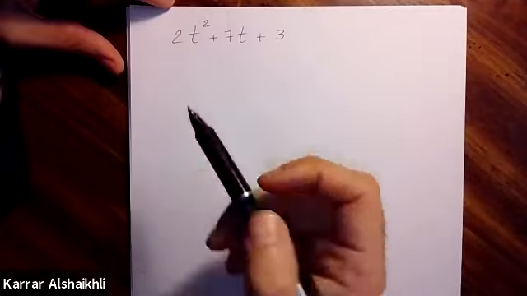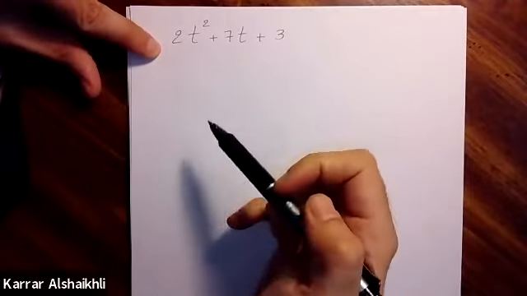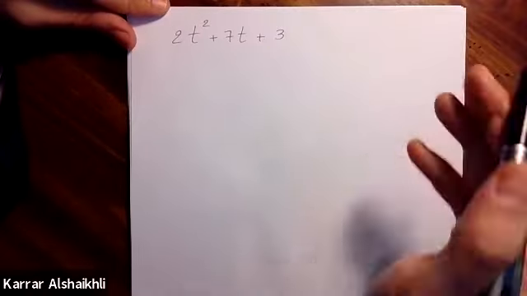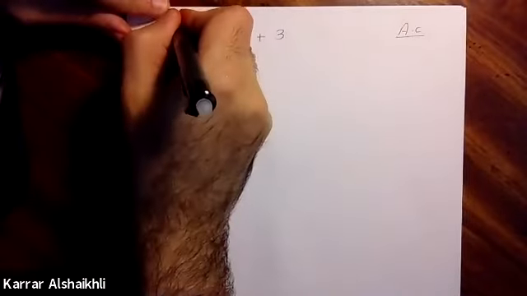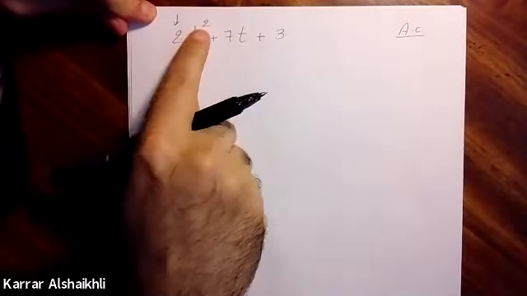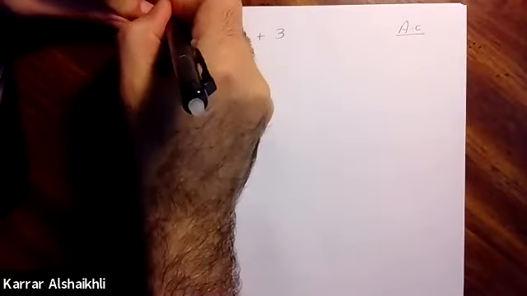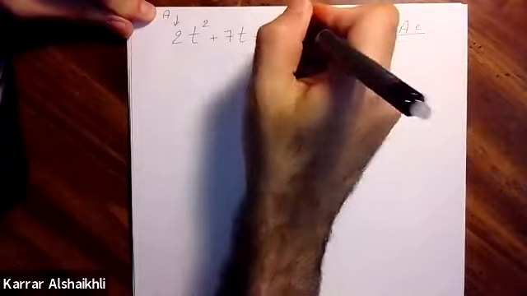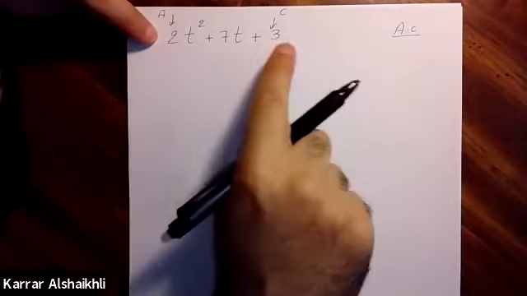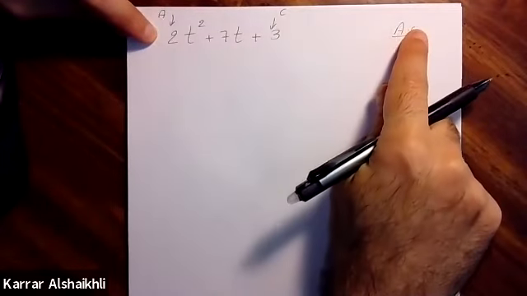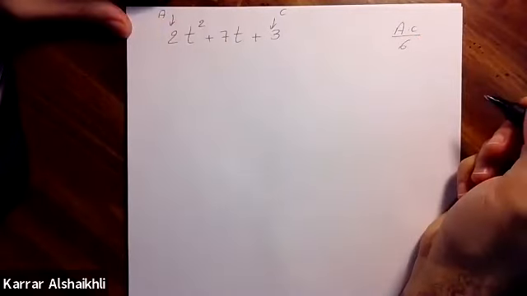Step 2: I have 3 terms, 1, 2, 3. So I'm going to use the AC method. I always told you the number with the squared, with the x squared, t squared, y squared is the A, and the number by itself is the C. 2 times 3, A times C, that means I multiply 2 times 3, which is 6.